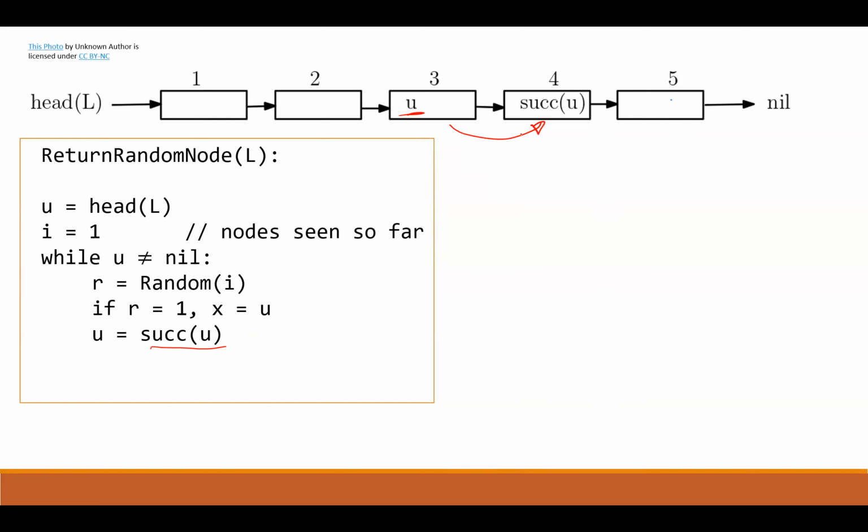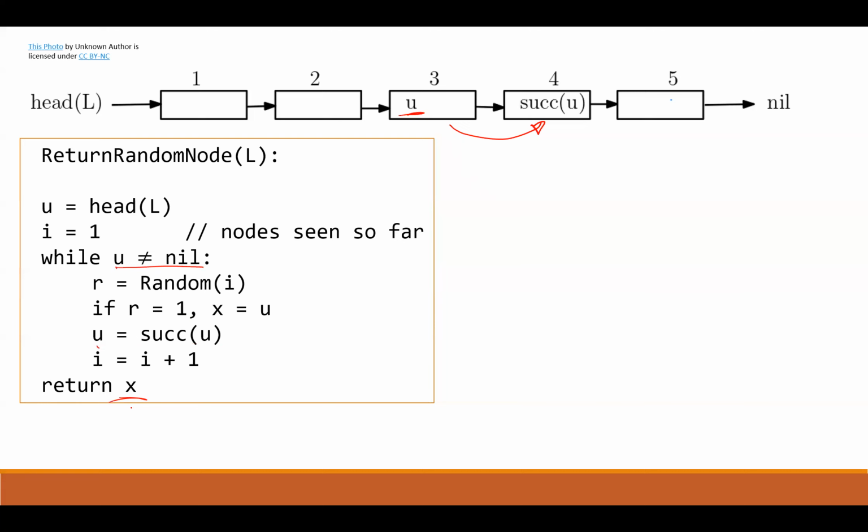That's all this is, advancing the pointer. And I also increment my I to say that I see the next item. And then at the end, once U is equal to nil, I'm at the end of the list. I just take the last thing that I remember and I return it. Questions on this algorithm so far?